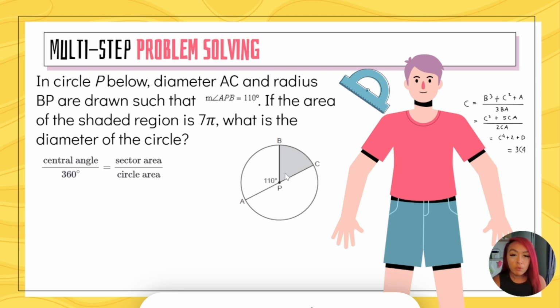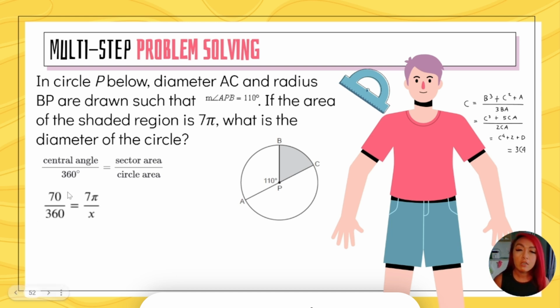Well, if you notice, right here on this line, APC, 110 degrees and this missing angle have to equal 180 degrees because they make up a line, and a line is 180 degrees. So if angle APB is 110 degrees, that means angle BPC has to be 70 degrees.